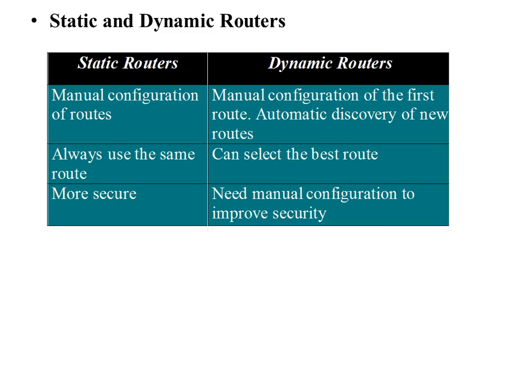So these are the differences between static and dynamic routers. This is how you can divide the two on the basis of the way you update the table of the router.